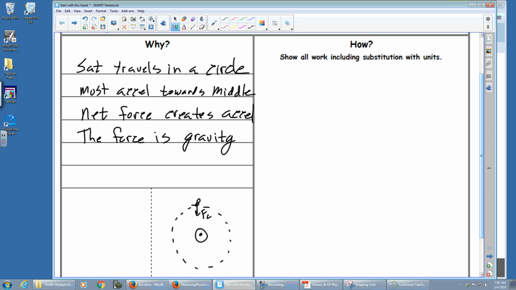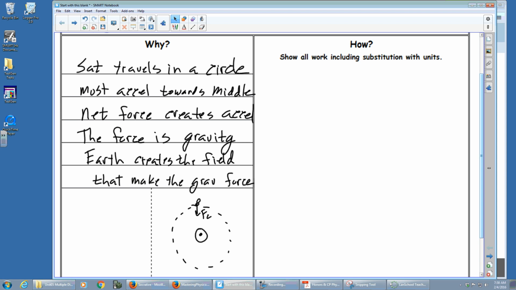And we could even go one more step in here. Earth creates the field that makes the gravitational force.